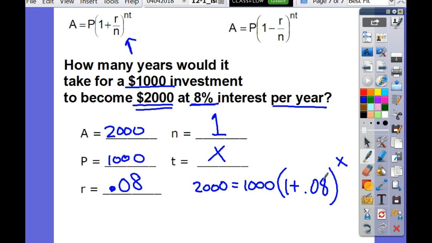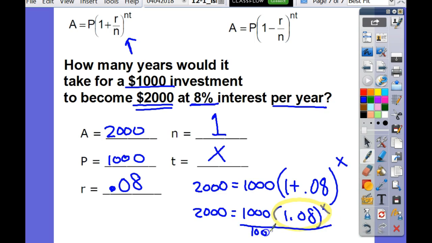How do you solve that? Well, I can simplify it a little bit. Now what? Can I multiply the 1,000 times the 1.08? I cannot, because it has an exponential rate here. So I need to isolate this base.